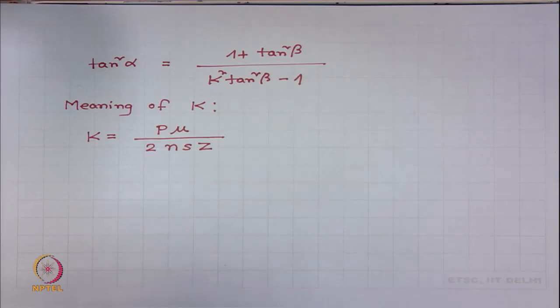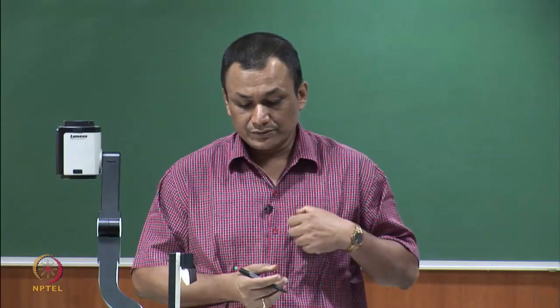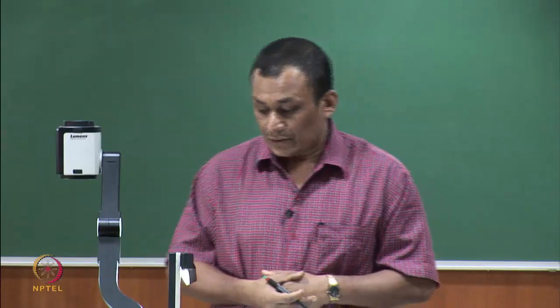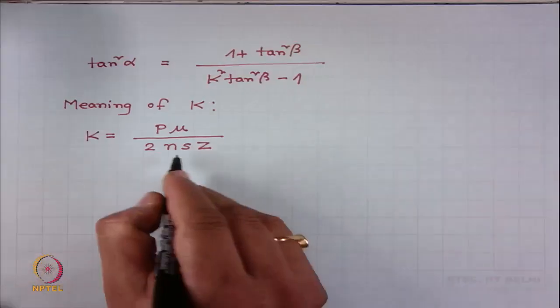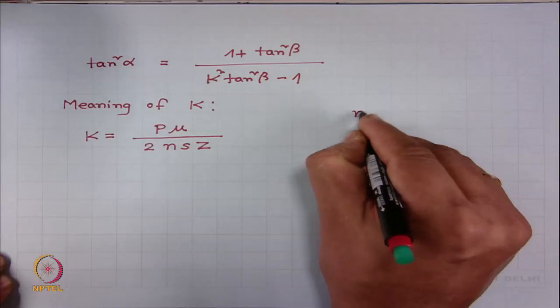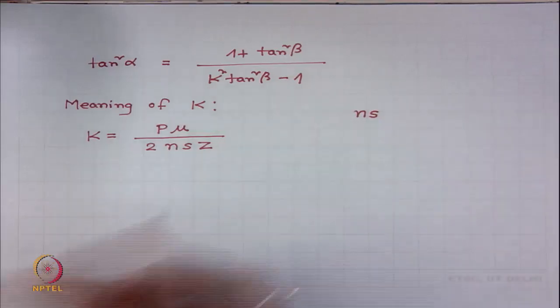So, this was equal to K. Now, let us think about this quantity n times S.